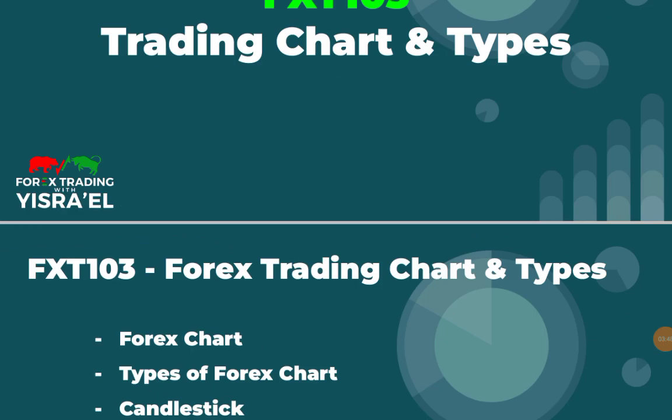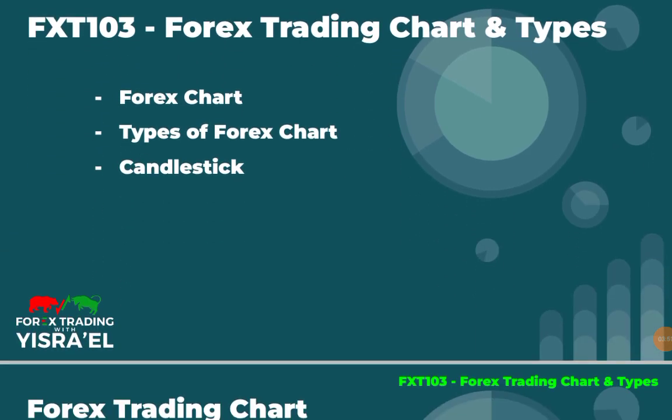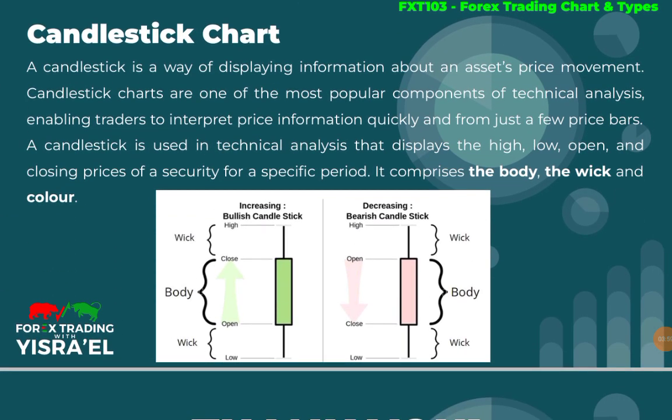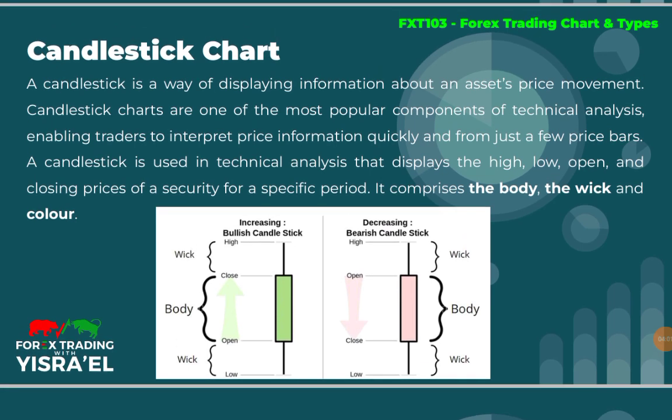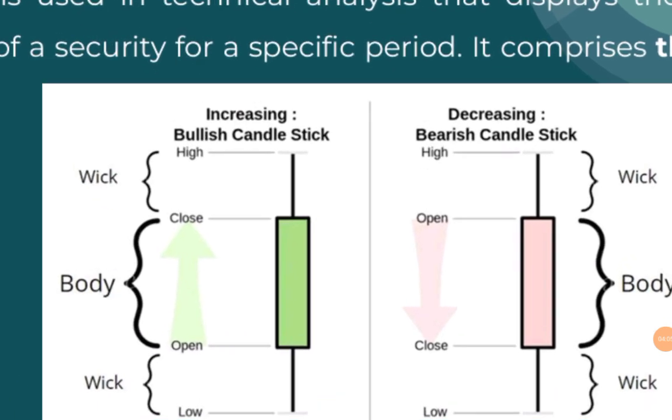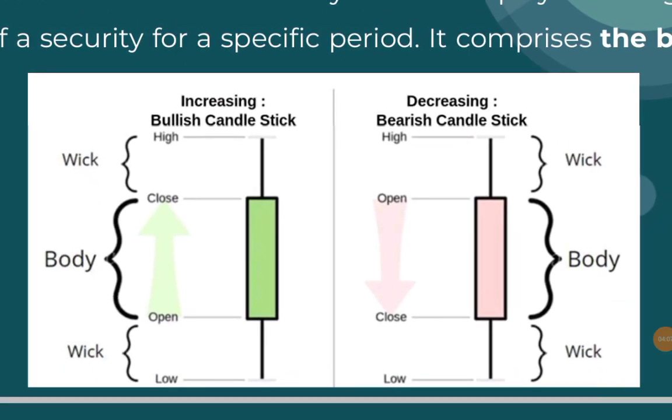Then we moved into trading charts, forex charts: line chart, bar chart, and also candlesticks. We spent a long time on candlesticks, trying to do justice to it, and used a picture to explain what an increasing or bullish candle means versus a decreasing or bearish candle.